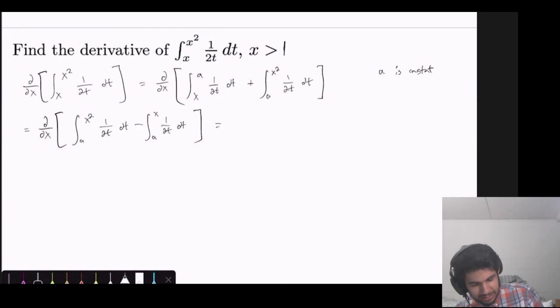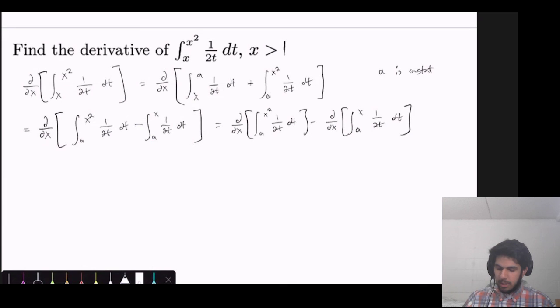And then we can distribute the derivative, just because that's how derivatives work. They distribute over addition. Sorry, we should be subtracting here: d/dx of the integral from a to x squared of 1 over 2t dt, minus d/dx of the integral from a to x of 1 over 2t dt. Now we're able to use the second fundamental theorem of calculus implications.